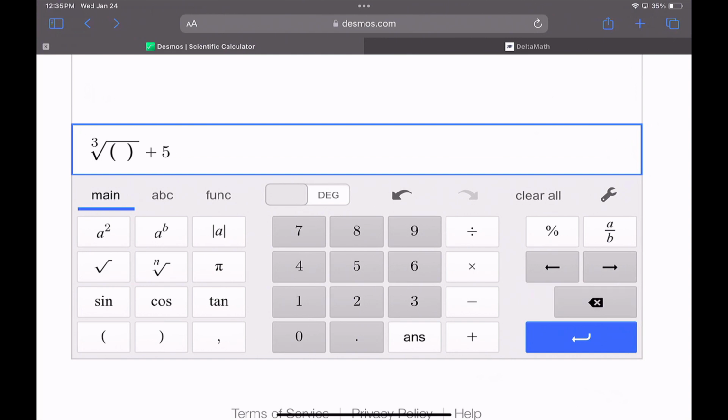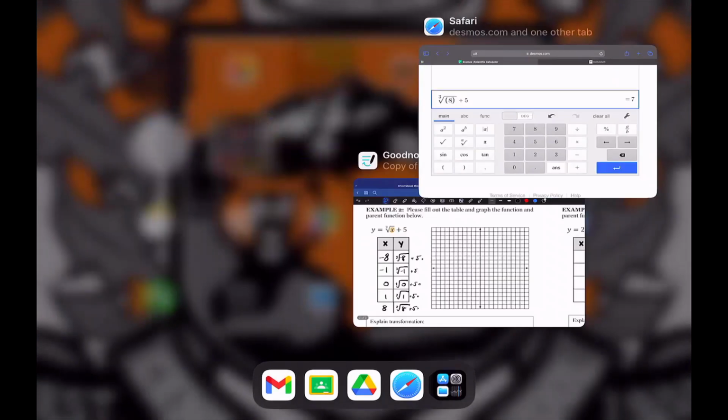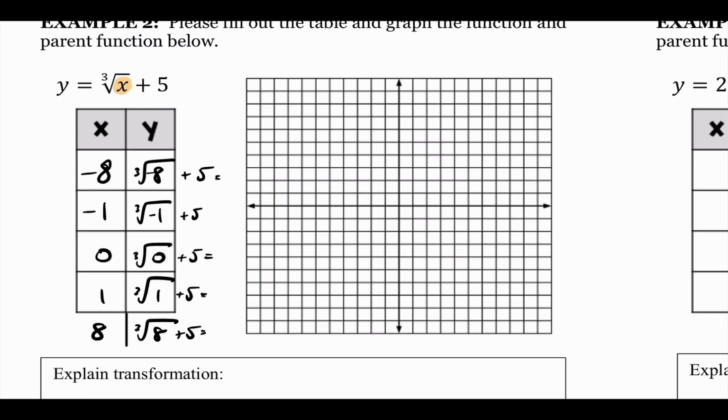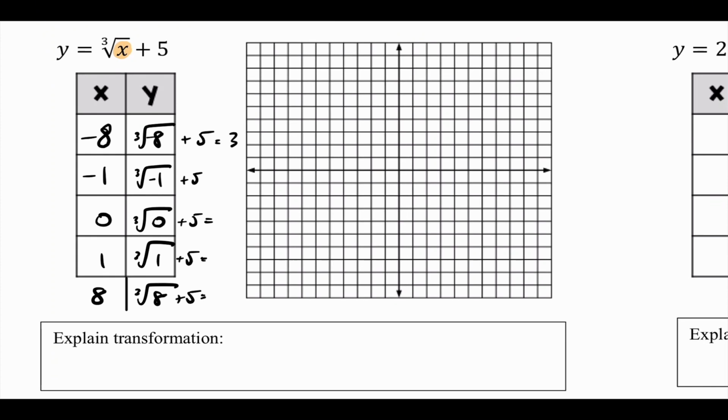Next number was 0. 5. Next number was 1. 6. Last was 8. 7. Three, 4, 5, 6, 7.